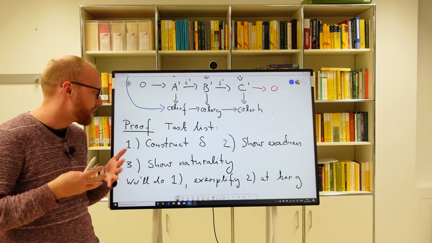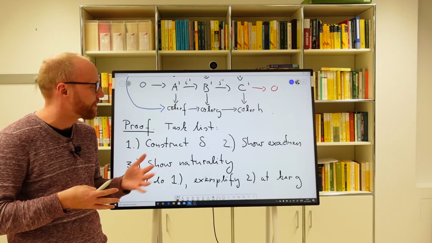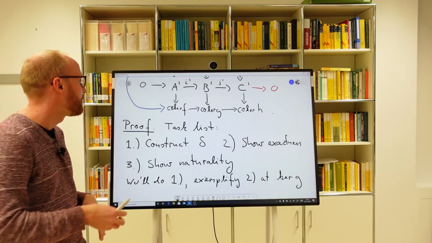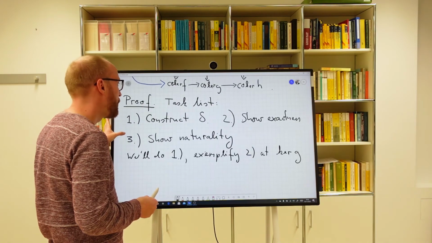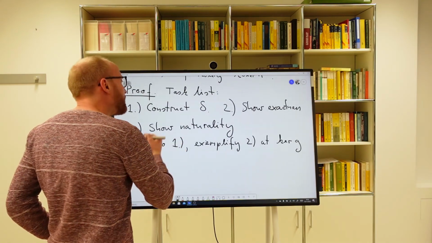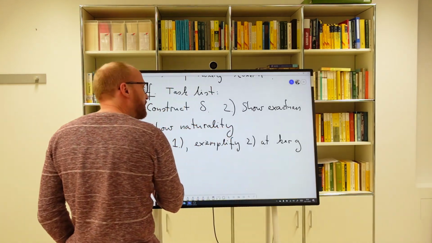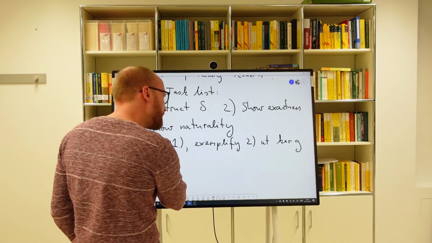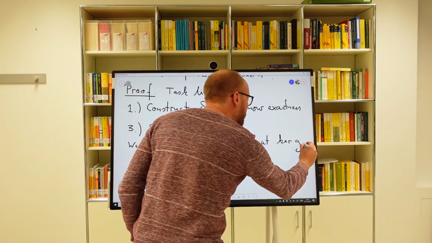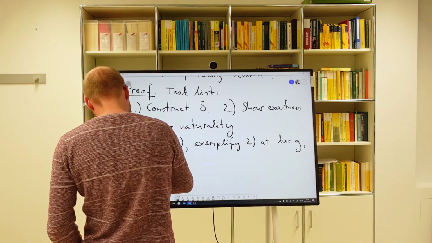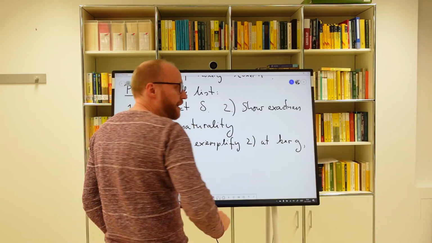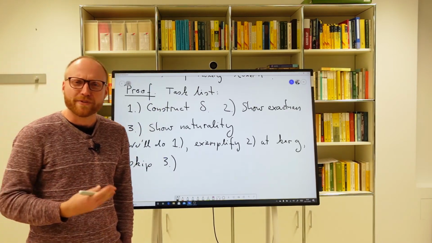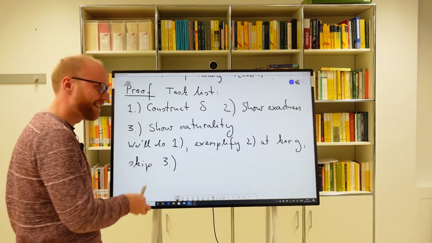So once you have grasped the idea how to do this, you will have little trouble in doing it at the other parts of the sequence. So let's just do this at one spot. And finally, we'll skip part 3. Yeah, we'll not do naturality in this video. Exemplify 2 at kernel G, and skip part 3. Where skipping, of course, means that you should do it at home, right? This is how we usually proceed here.